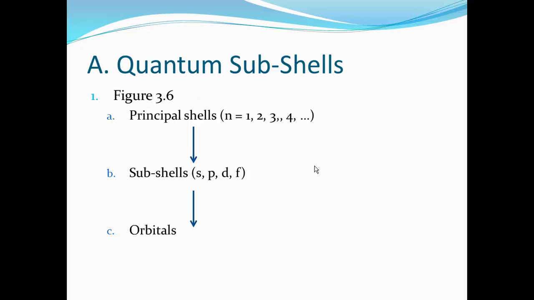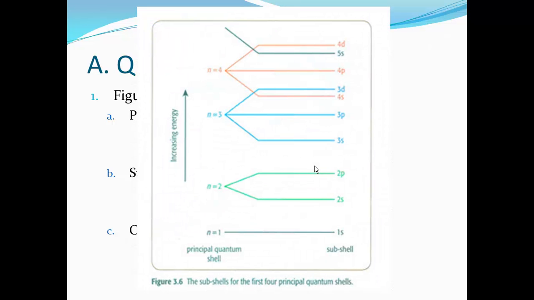In those shells, you have different subshells, which are based on where electrons are located. And each of those subshells is broken down into orbitals, which are specific to where electrons are located. So you can see there's a progression: simple, a little more specific, and then very specific where the electrons are located.